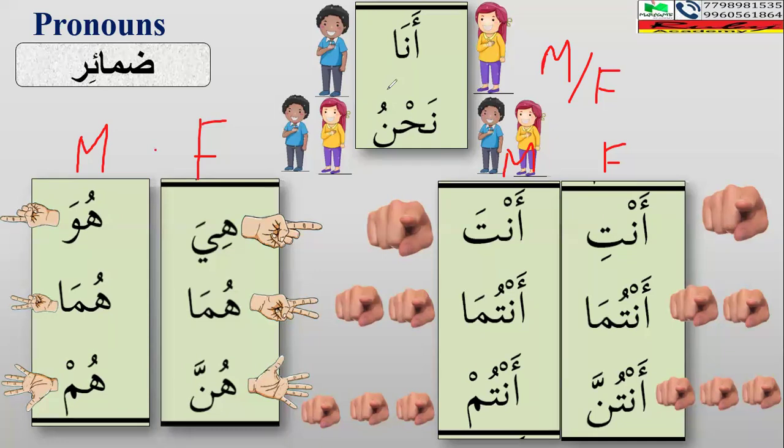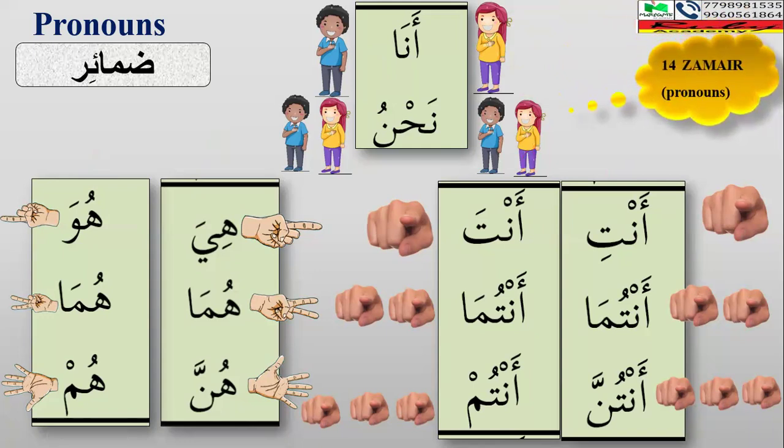For understanding the use of pronouns, you may use your fingers so that you can understand which one I should use for singular, which one for dual, and which one for plural. I hope you are getting it. Yes, ma'am. Alhamdulillah. So in that way, we have 14 pronouns.